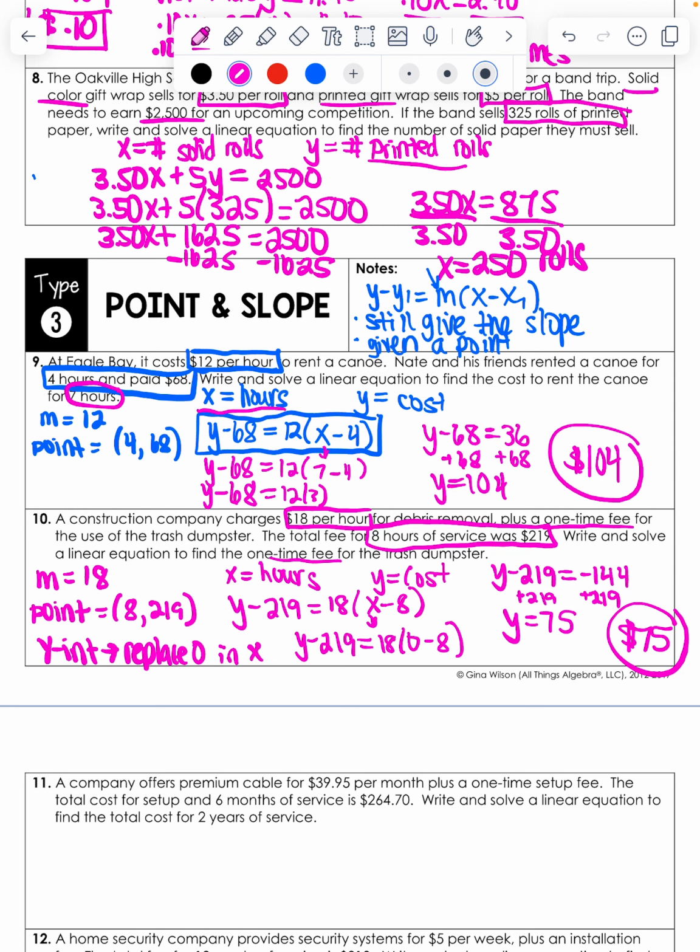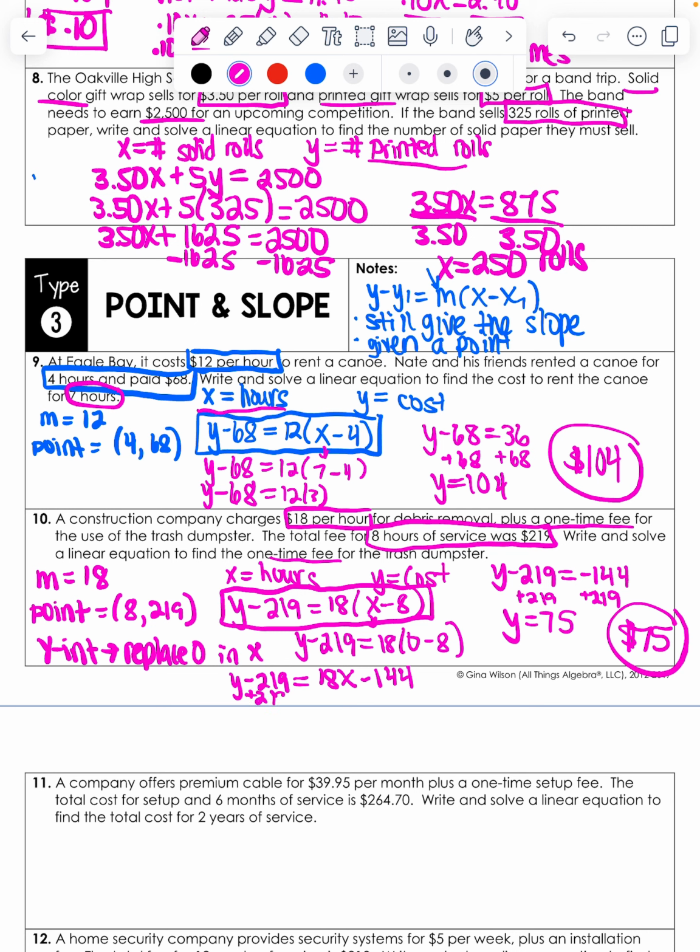Another thing we can do is take the original equation, and if we wanted to figure out the one-time fee, we could also solve this equation for y to convert it to slope-intercept form. And when we do that, we would see the y-intercept as the b value in the equation. So if that makes more sense to you, we would do y minus 219 equals 18 times x, that's 18x. 18 times negative 8 is negative 144.